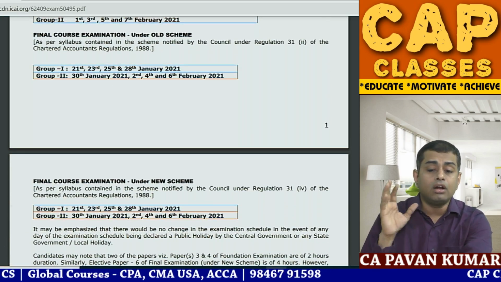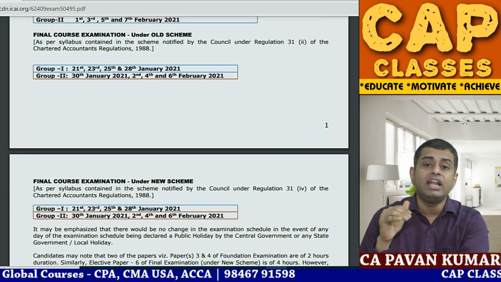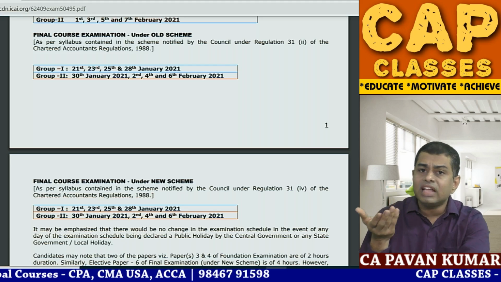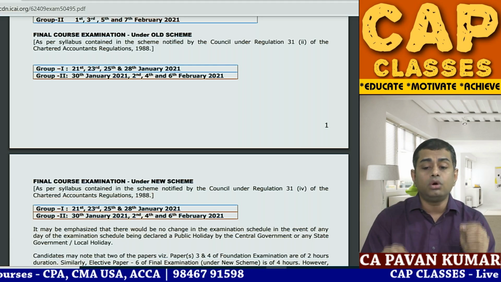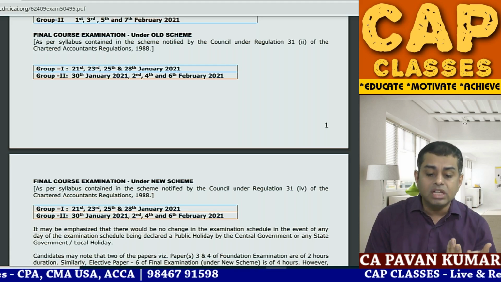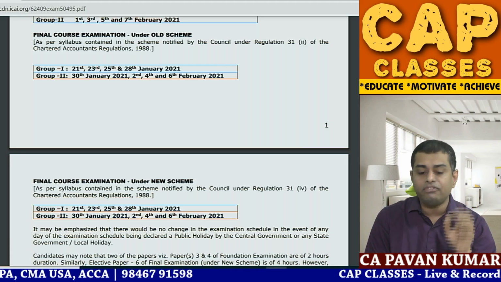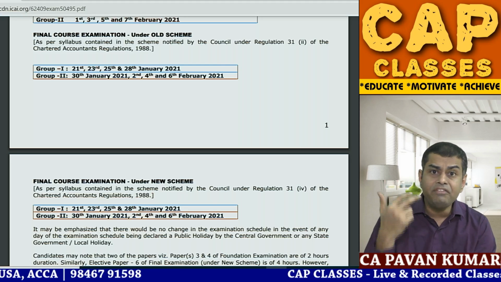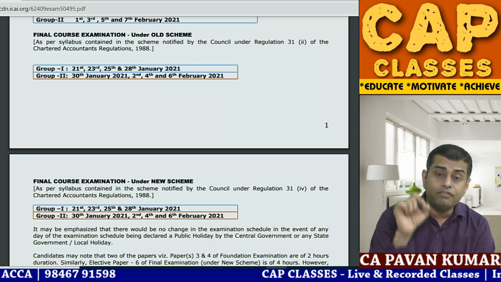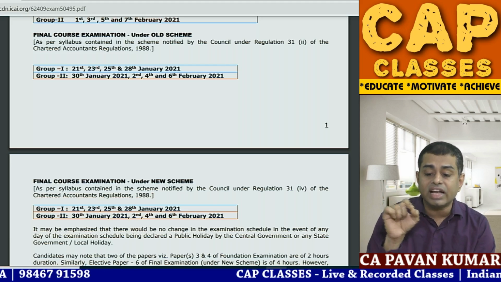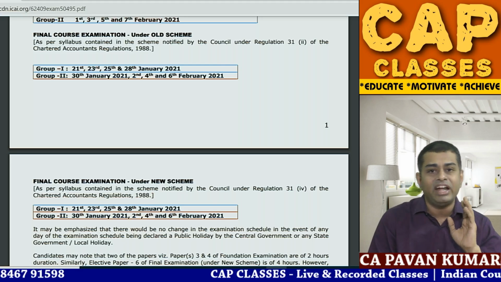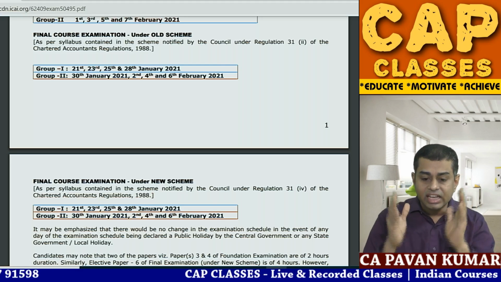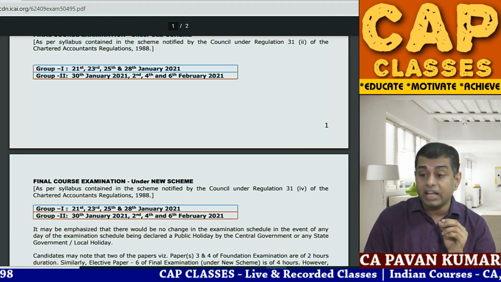There are no changes in the examination dates for old and new syllabus because there are 8 papers, 4 in each group. So whether you are a new syllabus or old syllabus student, your examination dates are group 1: 21, 23, 25, 28, and group 2: 30th Jan, 2nd, 4th, 6th February 2021. Okay, this is what the timetable is.